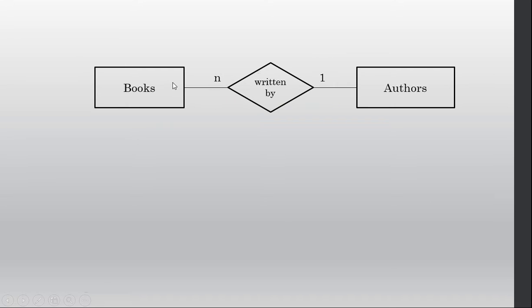So we got one to many. One author might write many books. We could argue that one book might have more than one author, but for simplicity's sake, a book has one author, but an author might write many books, so that's how we got the one on this side and the lowercase n for the many over here.